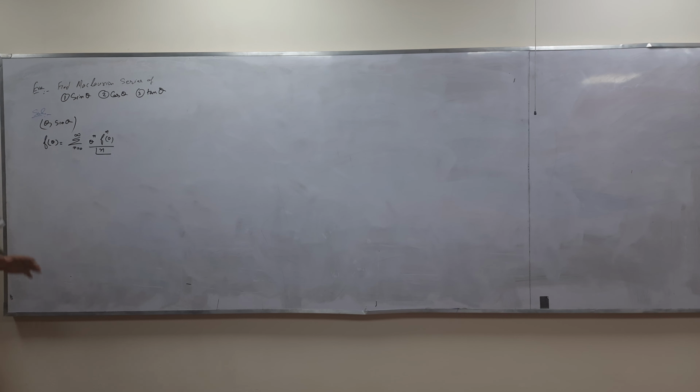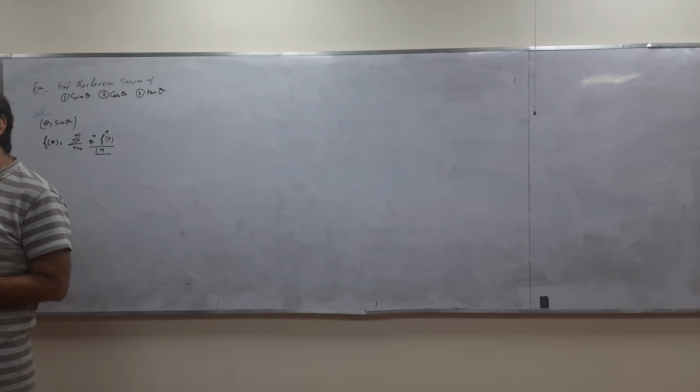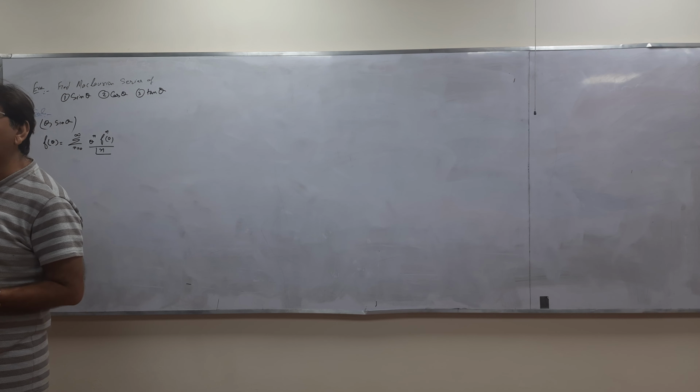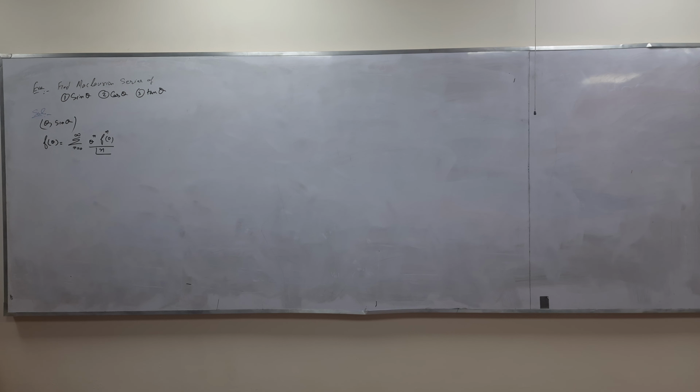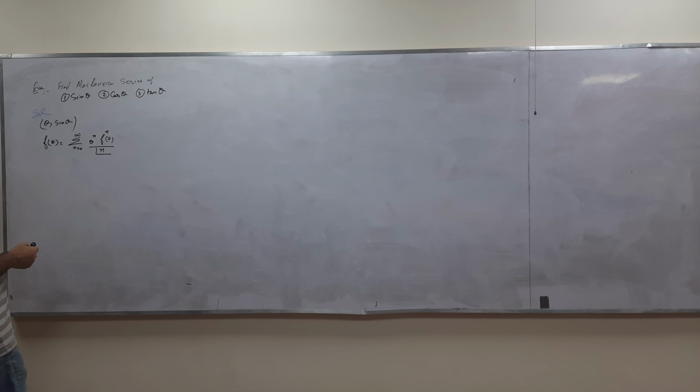You must be familiar with this term. If there is x, you must use x. If there is theta, then you must use theta. If there is alpha, then you must use alpha. That may be x, y, z, or theta, t, whatever. Omega t, sometimes in physics you use omega t. So you must be familiar. That is the domain element. It is not necessarily x or y or z.